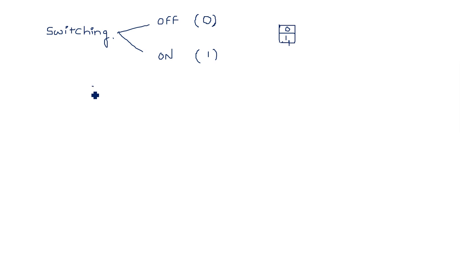Generally we call this 0 as logic 0 and 1 as logic 1. That means there are two logic levels for any switching device, logic 0 and logic 1. Logic 0 means off state. Logic 1 means on state. 1 always represents the on state, the upper level, and 0 always represents the bottom level, the off state.